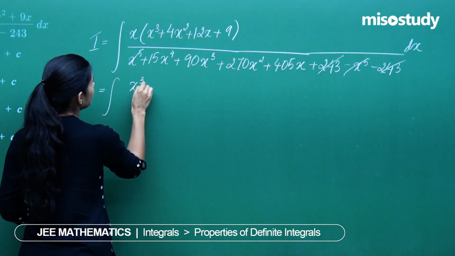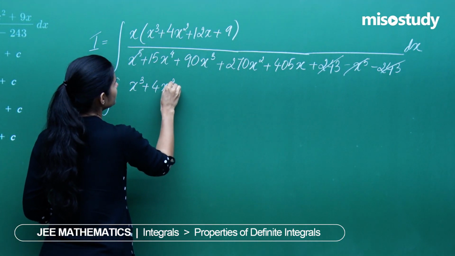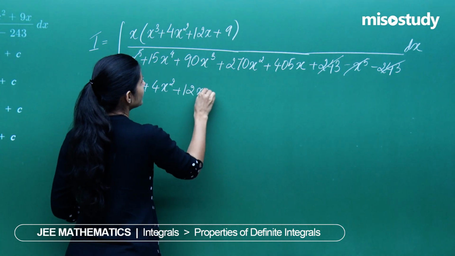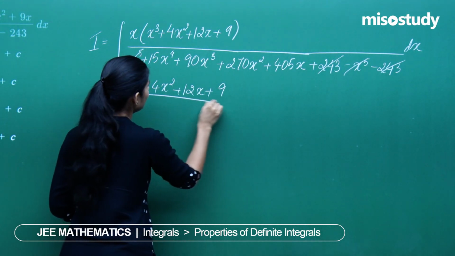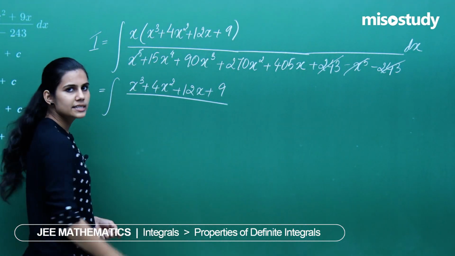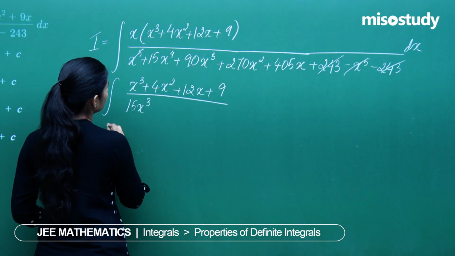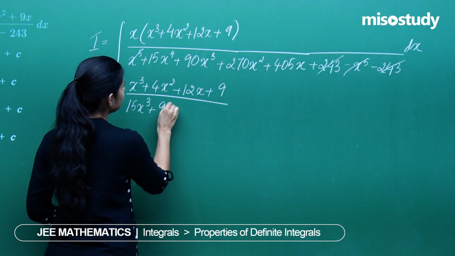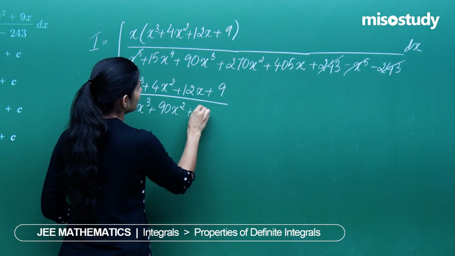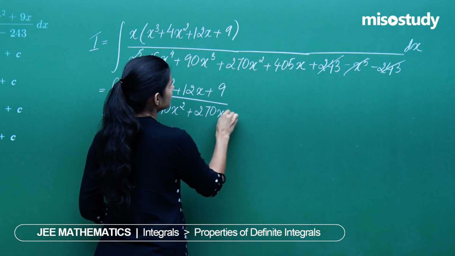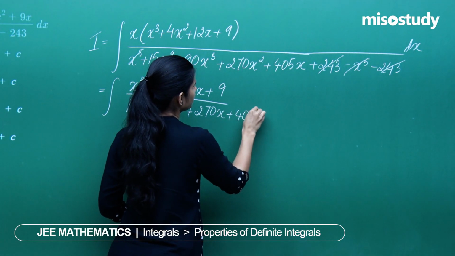I am going to be left with (x cube plus 4x square plus 12x plus 9) whole upon, x came out common, got cancelled with this x, I am left with 15x cube plus 90x square plus 270x plus 405.